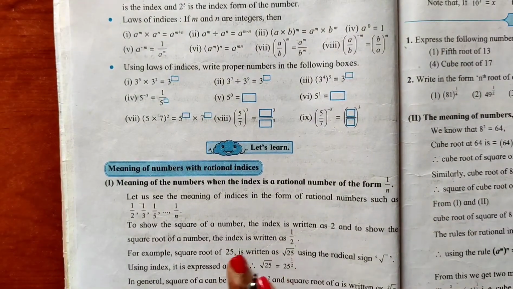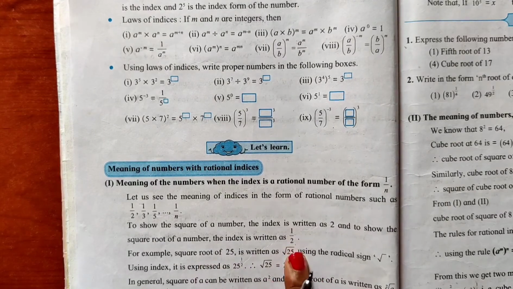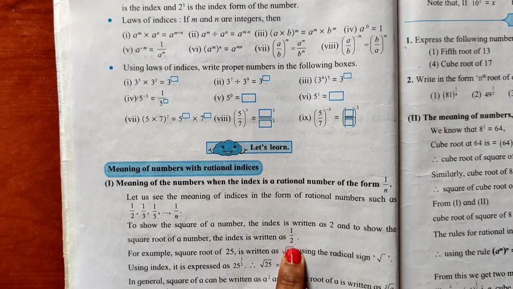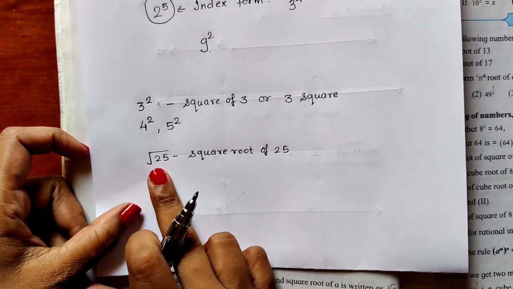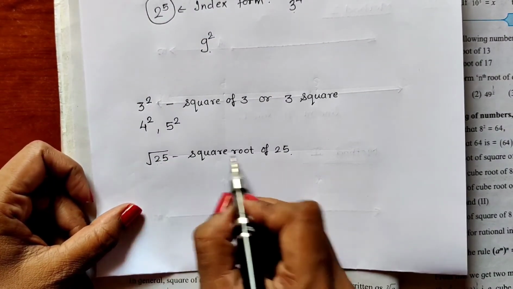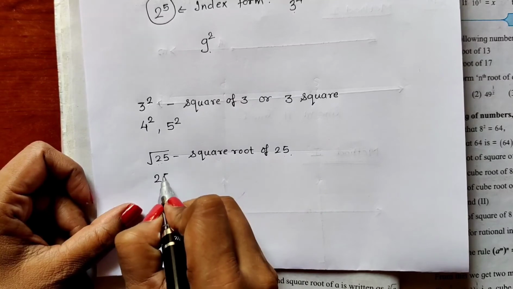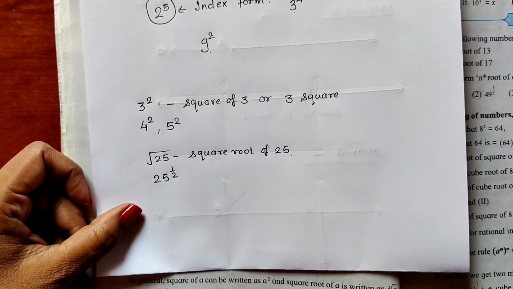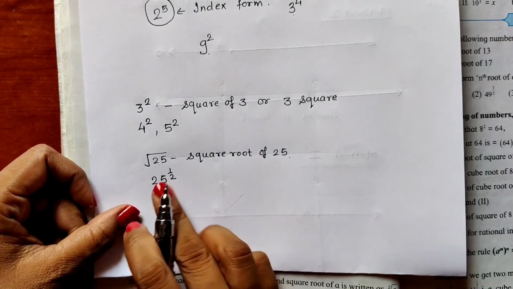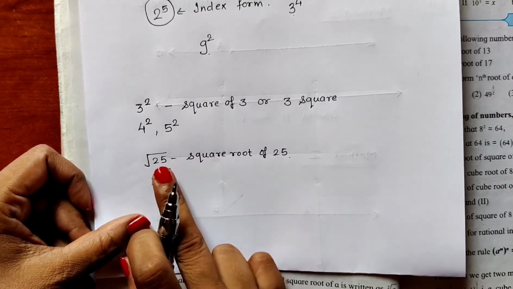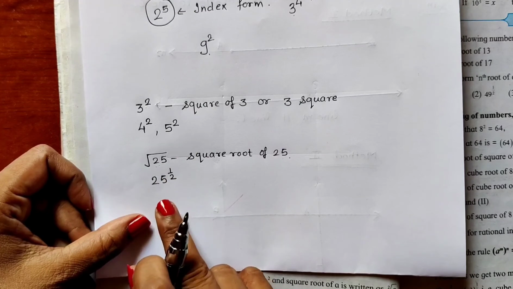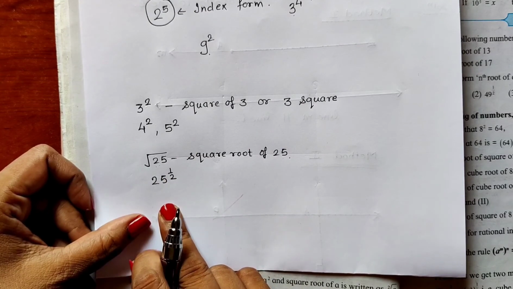But when we want to show the square root in index form, we have to give the index as 1 upon 2. So instead of writing inside the symbol, we can write square root of 25 as 25 raised to 1 upon 2. So 25 raised to 1 upon 2 is square root of 25. Either we can write by using the symbol, or we can write by using index form.